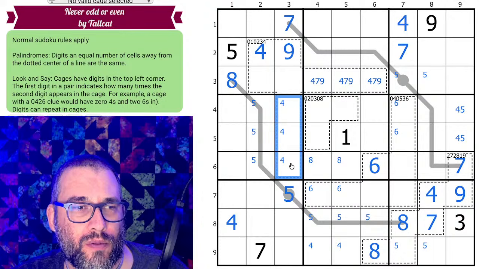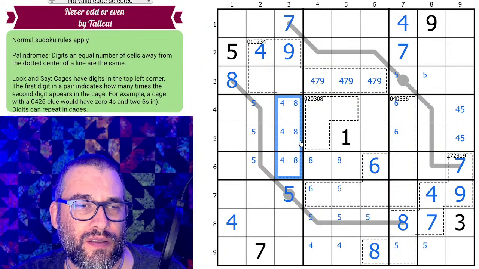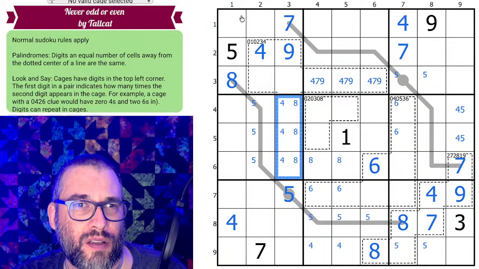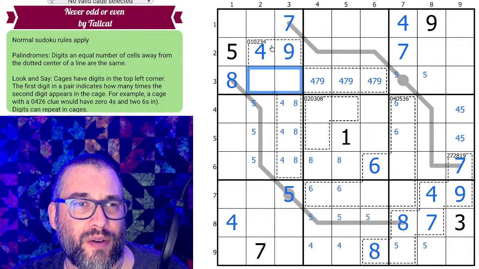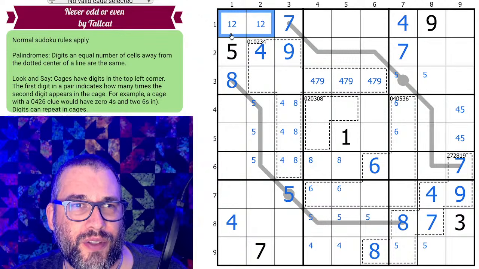So one of these is 8. 1 and 2 can't go in here by the cage, so this is a 1-2 pair looking over.